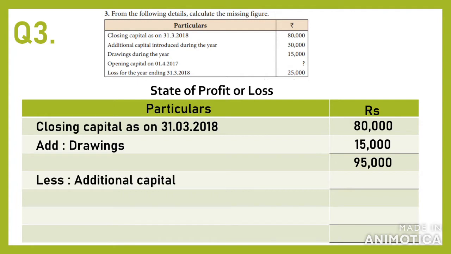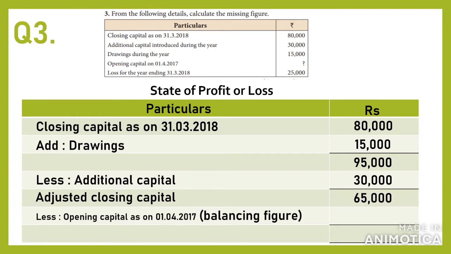Now less additional capital. What is the additional capital introduced during the year? It is 30,000. Okay, so now I have to reduce 30,000 from 95,000. I'll get adjusted closing capital, which is going to be 65,000.